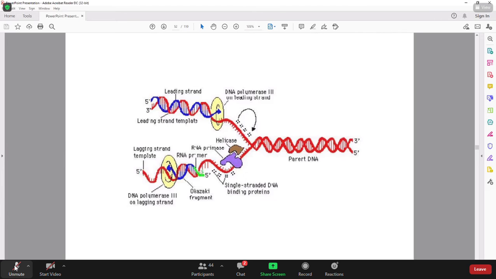Once we have the primer, it is extended by DNA polymerase, which adds new nucleotides. If there are any gaps between the new DNA fragments, they are closed by DNA ligase, the enzyme that joins two DNA fragments together.